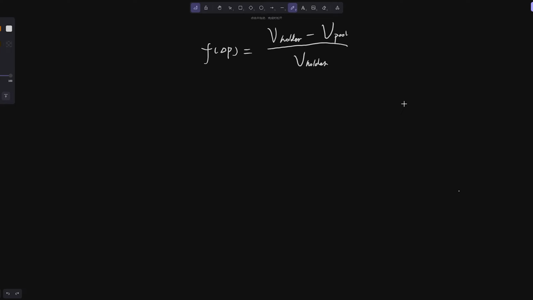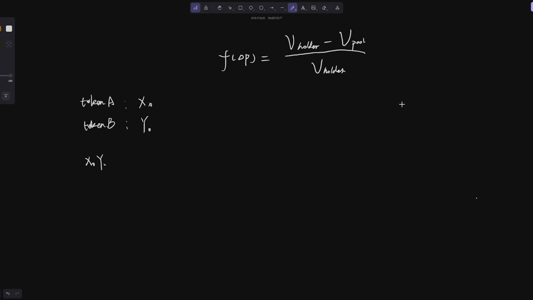Assume we have a token pair, token A and token B in a pool. The amount of token A is x0, the amount of token B is y0. x0 times y0 equals the square of L, where L is the liquidity of this pool, and y0 divided by x0 equals p0, where p0 is the price.